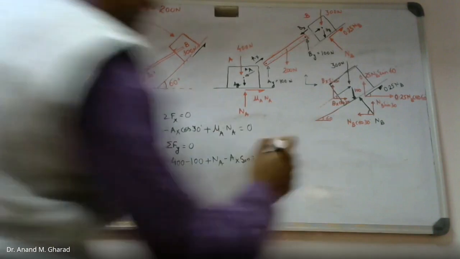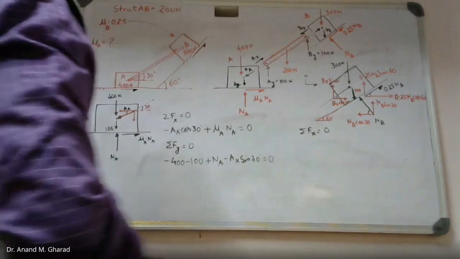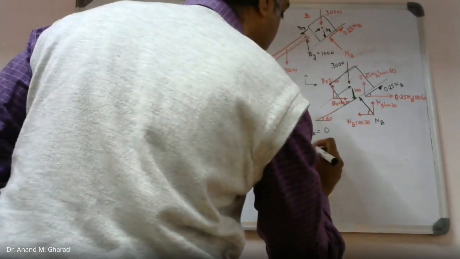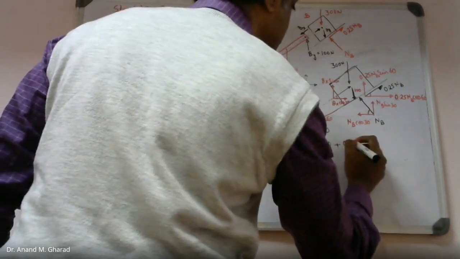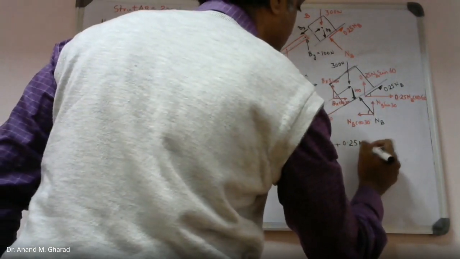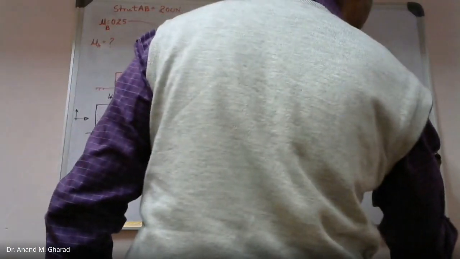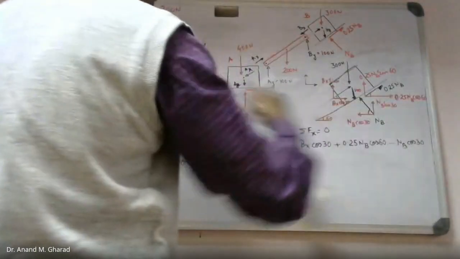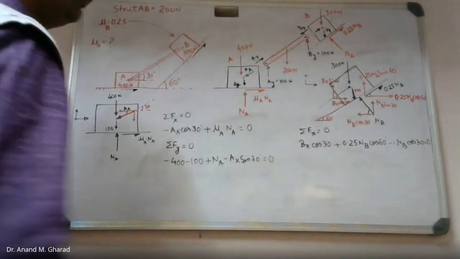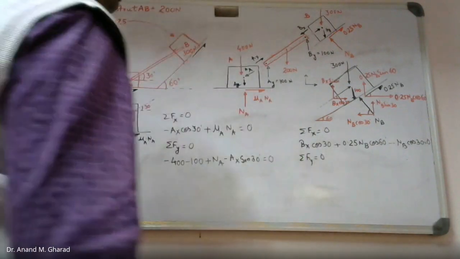Now with respect to this, we take summation of force in the x direction equal to 0. How many forces do we observe? Bx cos 30 positive plus 0.25 NB cos 60. This is again positive minus NB cos 30. This is in the negative direction equal to 0. Summation of forces in y direction equal to 0. How many forces are there?